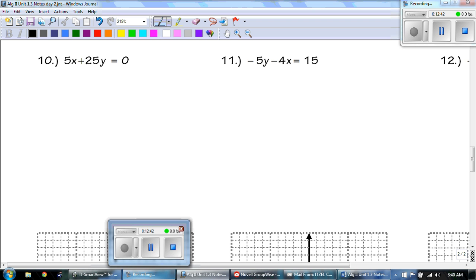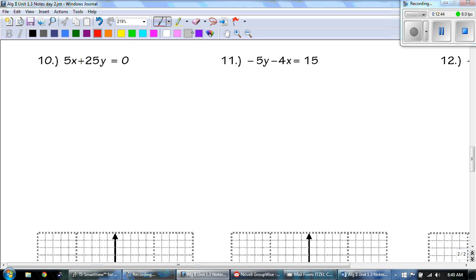All right, number 10. So I'm going to subtract the 5x because I want to solve for y. And I get 25y equals negative 5x. Remember, we don't have to write that plus 0 down there.